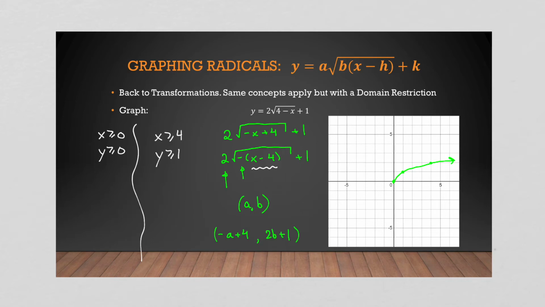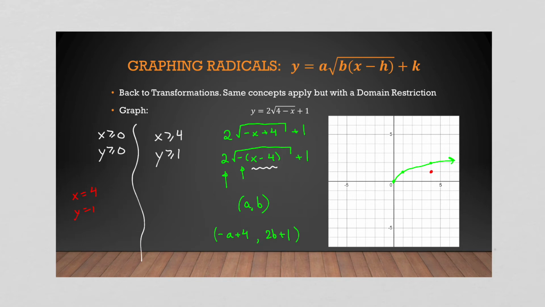If we were to just pick points for x, we would start at x equals 4. When x is 4, 4 minus 4 is 0, root 0, 2 times 0 plus 1, so y is 1. So you get a point at 4 comma 1. And then you would pick your other points and go from there.